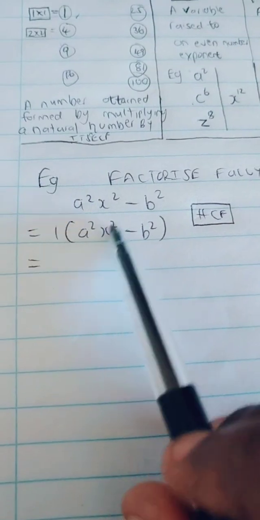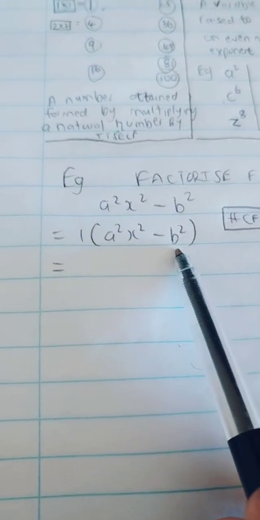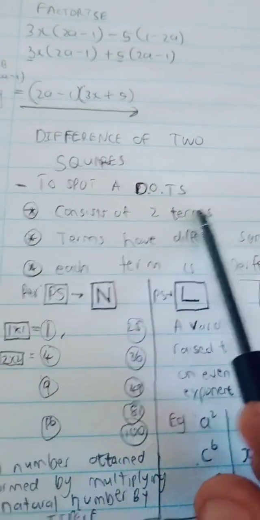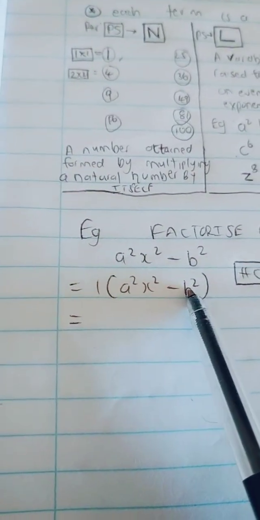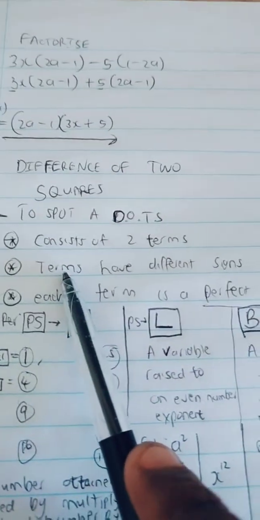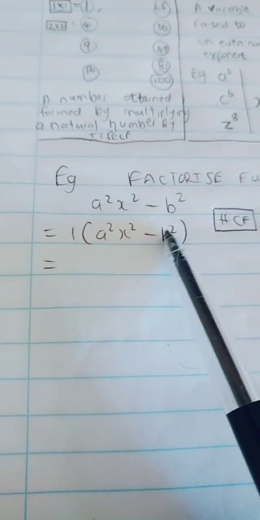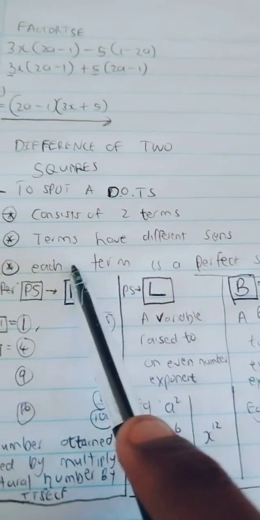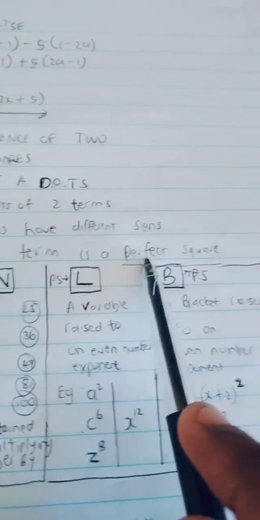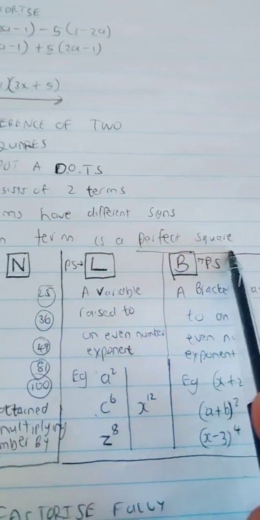If you look at a squared x squared minus b squared, does it consist of 2 terms? Yes, it does. Inside the bracket we have 2 terms. Do the terms have different signs? This term is positive, this term is negative. Yes, it does. Is each term a perfect square?